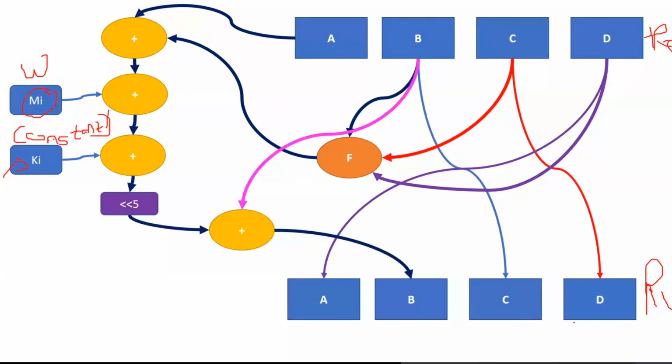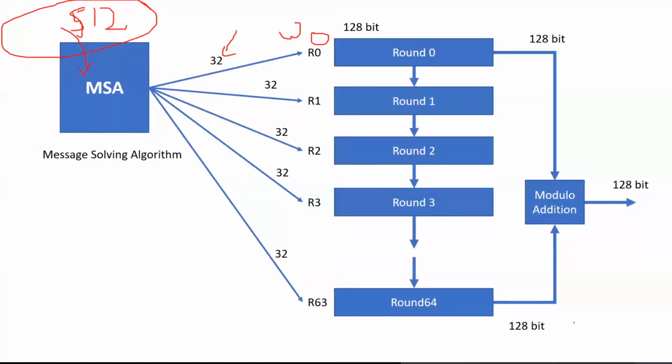But for now, let us understand it is a constant number. So this is how we move from round 0 to round 1. It happens 64 times.